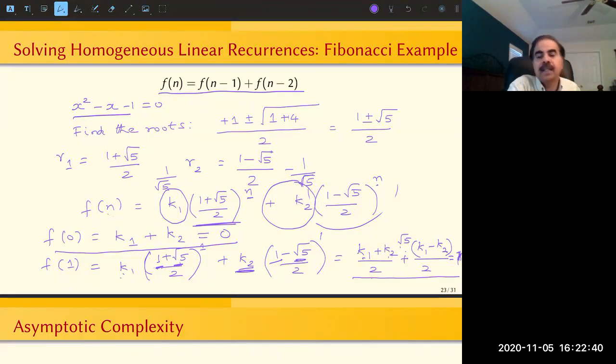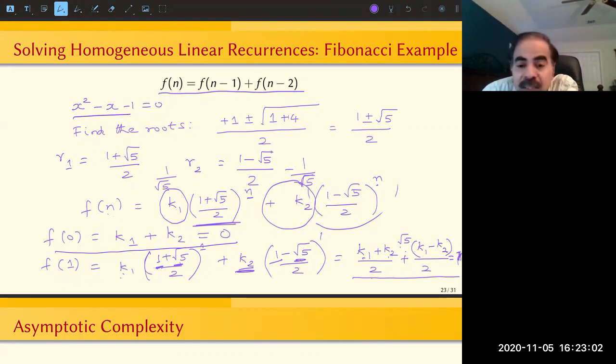And you can check that this is the solution that we used in our induction proof before. So by using this linear homogeneous approach, you are able to come up with this nice, interesting solution.